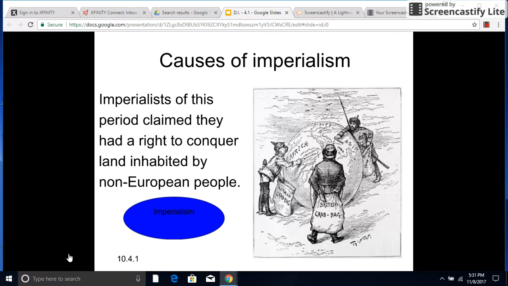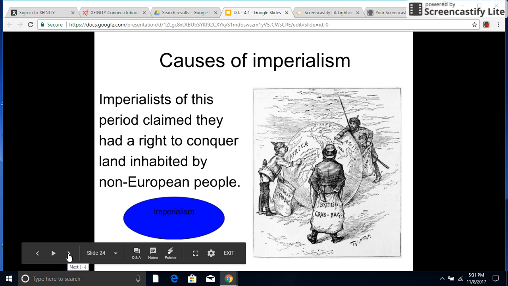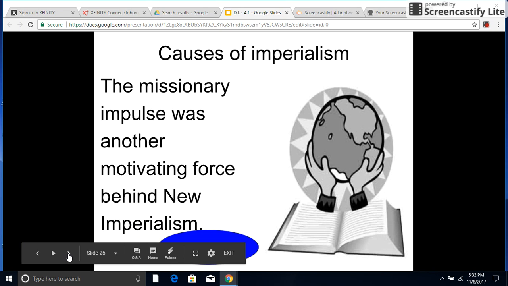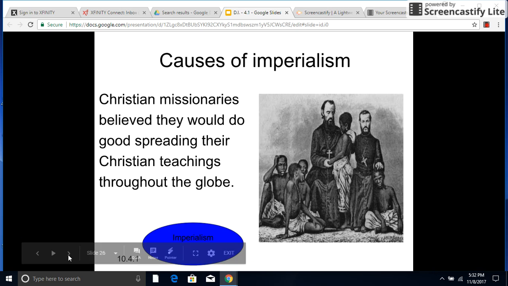Imperialists of this period claimed they had a right to conquer land inhabited by non-European people. The missionary impulse was another motivating force behind new imperialism. Christian missionaries believed that they would do good spreading Christian teachings throughout the globe.